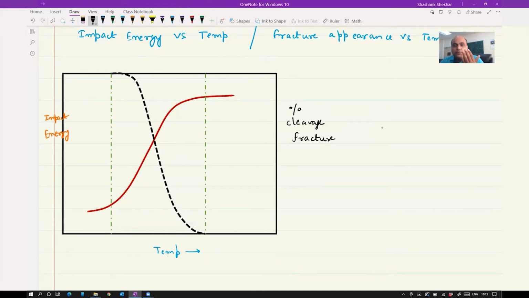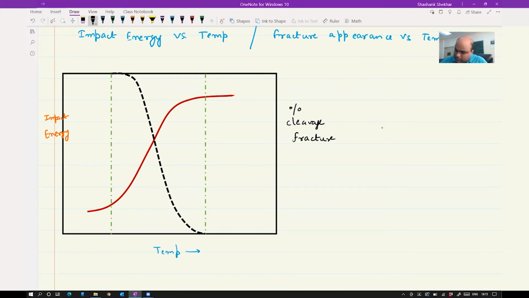If you look at the fracture surface, you should be able to calculate how much percentage of the fracture surface area is of cleavage type, that means brittle behavior. That percentage you have to calculate and plot with respect to temperature, and you are going to get the black curve, and the red one is the impact energy we are measuring from the equipment. So there are two ways to define it. One is based on the impact energy, which comes from the equipment, and the second is the fracture surface percentage cleavage fracture calculation, which you will be doing by looking at the surface, or say in a low magnification microscope.